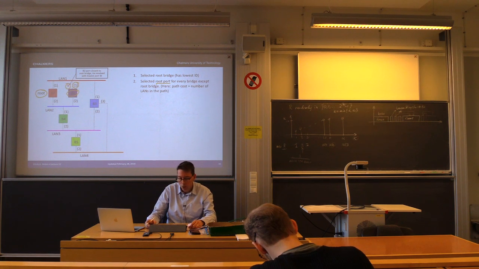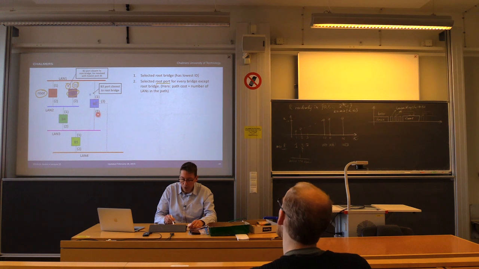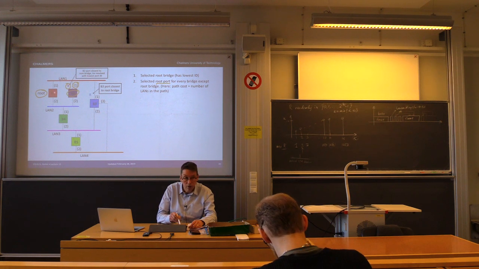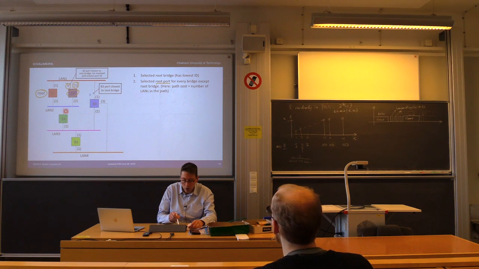Fine. So what is the root port for 3? Well, for bridge number 3, we have 3 ports, 1, 2, 3. And see, here it costs 1 to get to the root. For port number 3, I need to go over 1 LAN, 2 LANs, 3 LANs to get to the root. So that's a worse port. I can also go like this, 1, 2, 3, still worse.